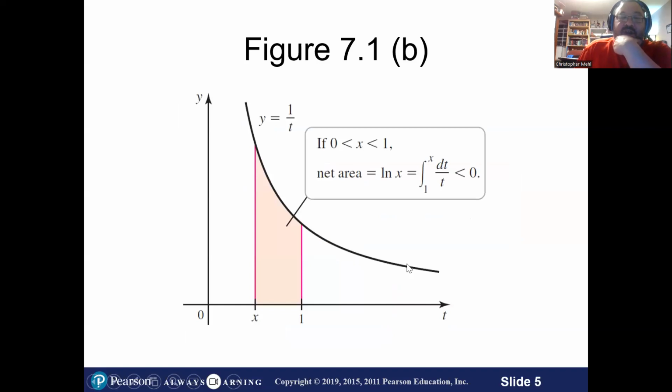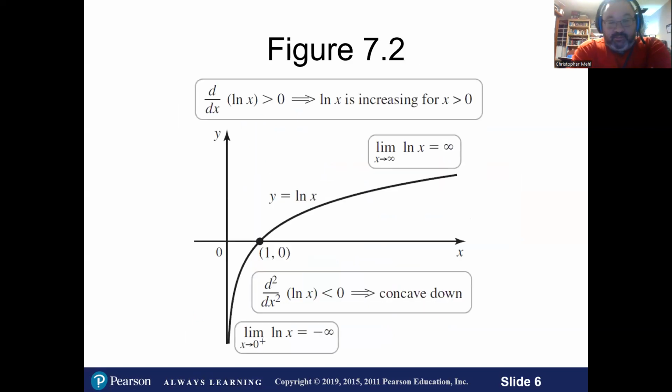So this is just stating what we were just talking about. Whenever x is between 0 and 1, the natural log we expect to be negative. And then we get the following important result. We just talked about the fundamental theorem of calculus, and how that means the derivative of the natural log of x would be 1 over x.